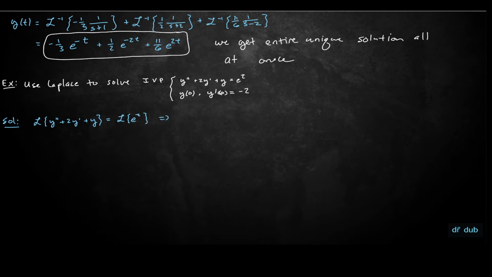And that's going to be s squared Y of s minus s y of 0 minus y prime of 0, plus 2 times s Y of s minus y of 0, plus capital Y of s equals 1 over s minus 1.